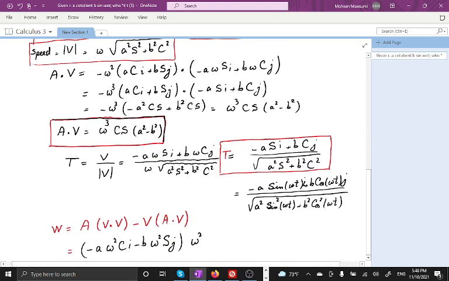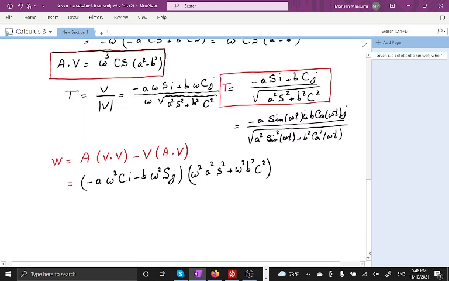So we have omega squared a squared s squared plus omega squared b squared c squared. So far this is my A and this is my square of velocity, minus, now I have to write this one, V.